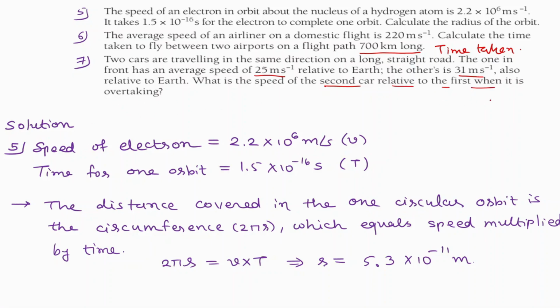Let's suppose there is one car going at 25 meters per second, and the other is behind it at 31 meters per second. The second car is faster, so after some time it overtakes the first car. So what is the answer here?